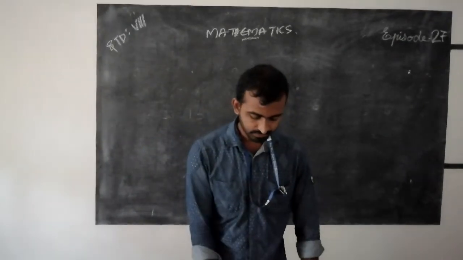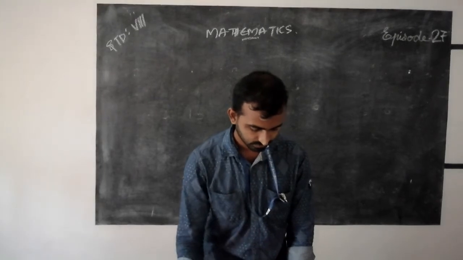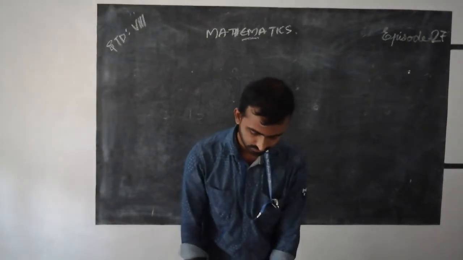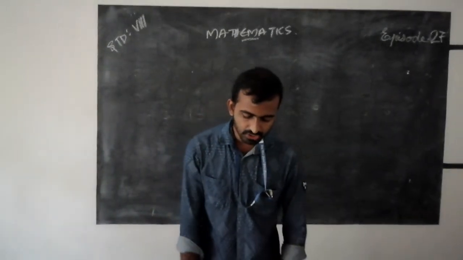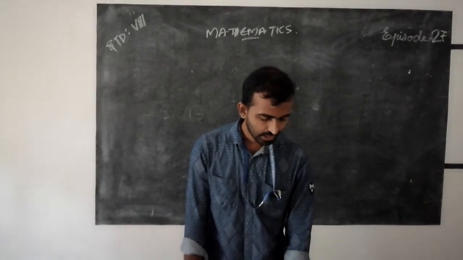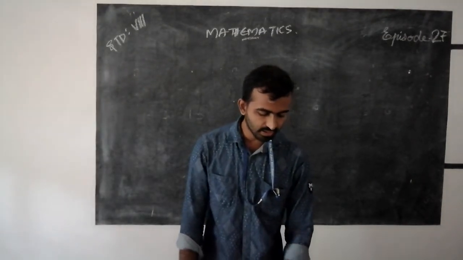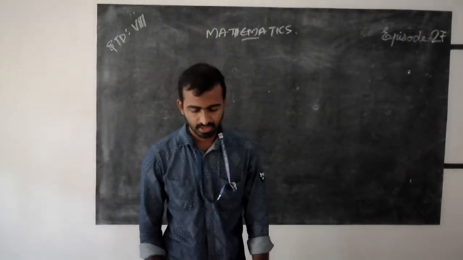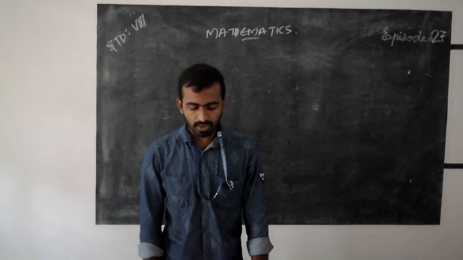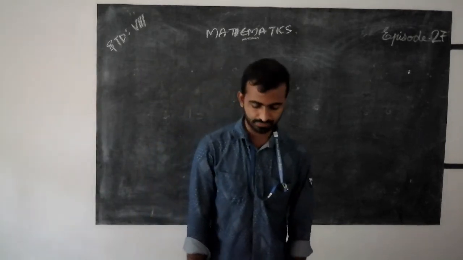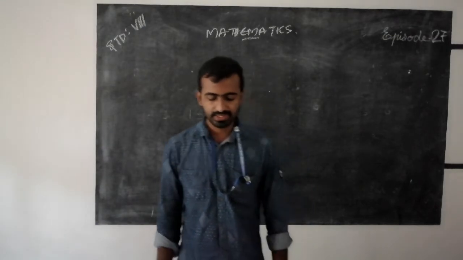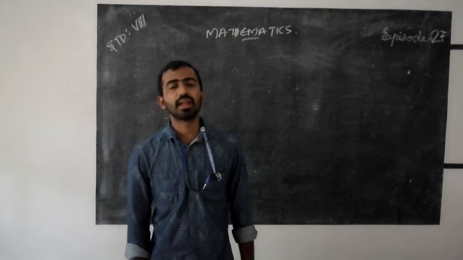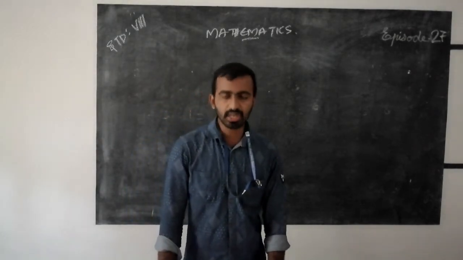First one is: how many natural numbers lie between 9 square and 10 square, and also one more, between 11 square and 12 square. That is, we want to find how many natural numbers are between 9 square and 10 square.